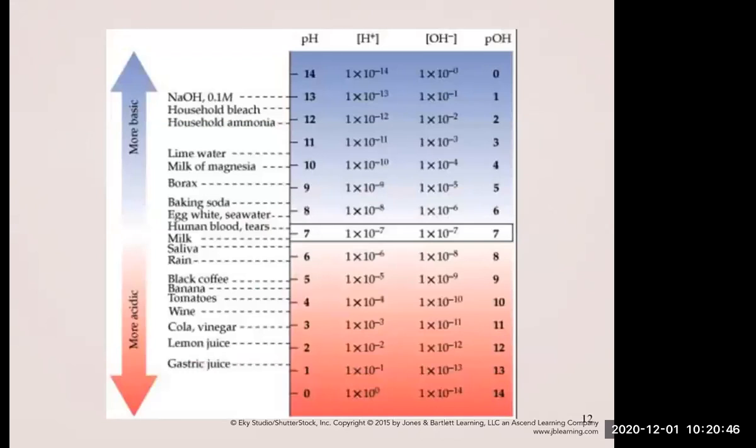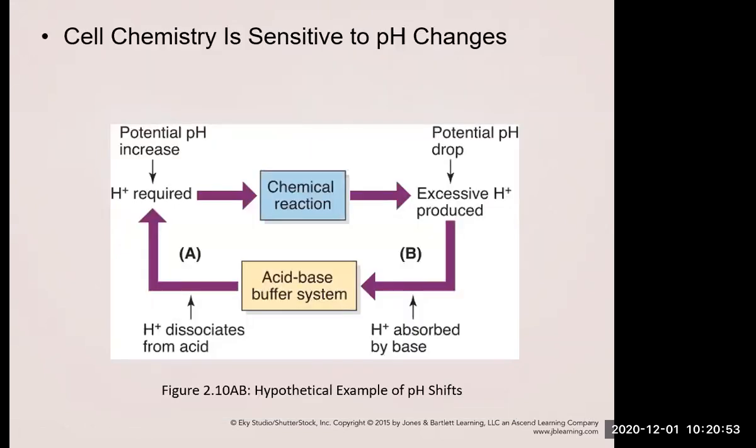And this is just another image showing the same thing with some numbers in case you're curious. The book mentions bases, and this figure is a little bit confusing, but let's just break it down. So a buffer is a combination of a weak acid and a weak base, generally speaking.